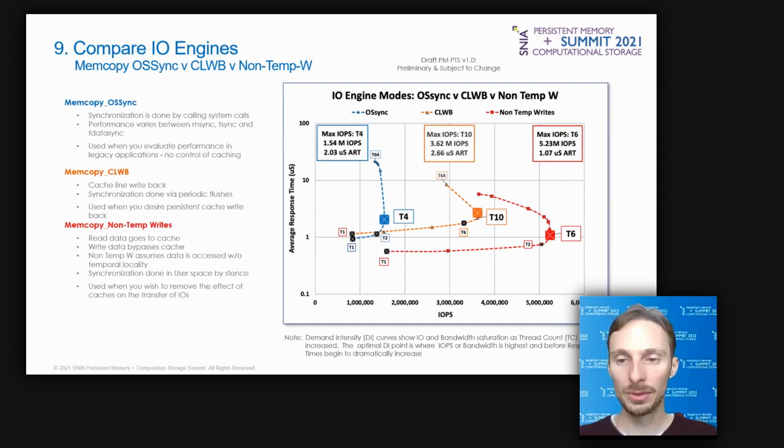Now we will review a few graphical representations of test workloads evaluated by the Solid State Storage Technical Working Group. The graphical representation on this slide depicts a thread count sweep comparing I/O engines. For each I/O engine, there's a common trend as thread count increases.